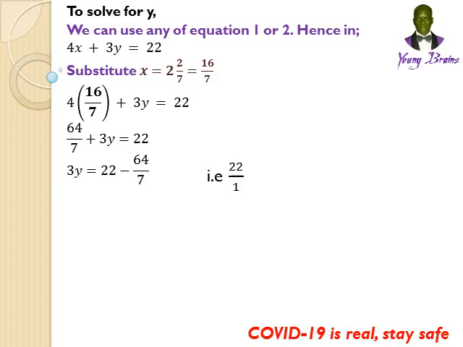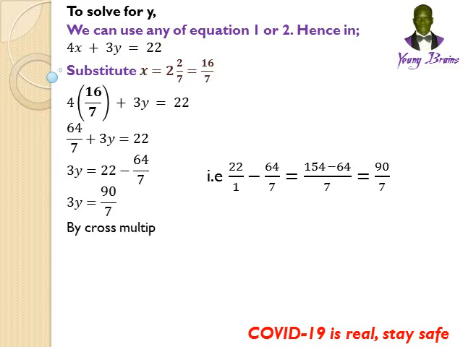We can now proceed to find the LCM on the right hand side. Then we have 154 minus 64 over 7, which is equal to 90 over 7. Then 3y equals 90 over 7. By cross multiplication, we can have 3y times 7, which is 21y, equals 90 times 1, which is equal to 90.